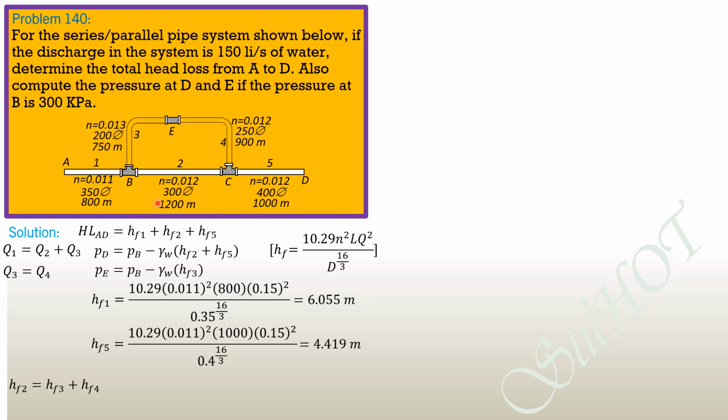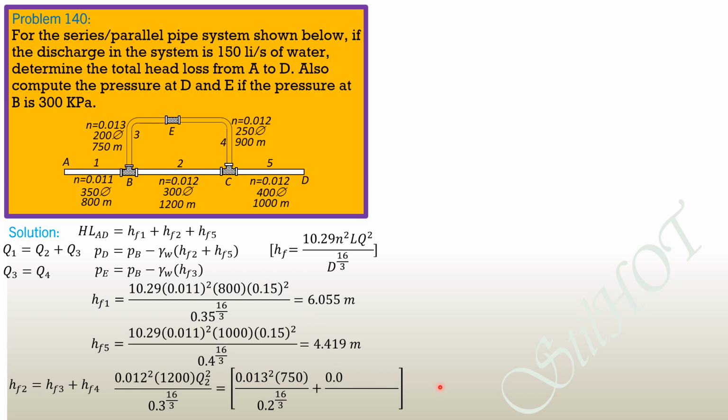So I begin with n square, 0.012 square for pipe 2, length is 1200, then Q2 square over diameter 0.3 to the 16 thirds, and this is equal to 0.013 square times length 750 Q3 square.